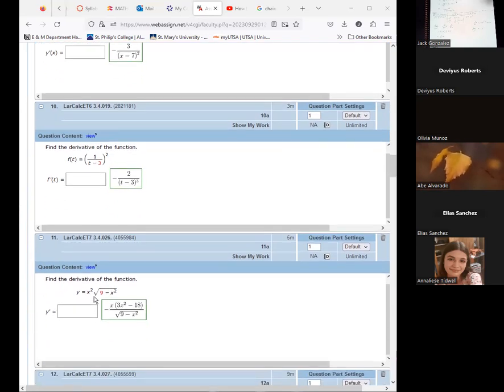And number 11 is a product rule, right? You have an x squared times a square root thing, two different functions. This is a product rule, but while you're doing the product rule, you're going to have a chain rule happen. Does that make sense?